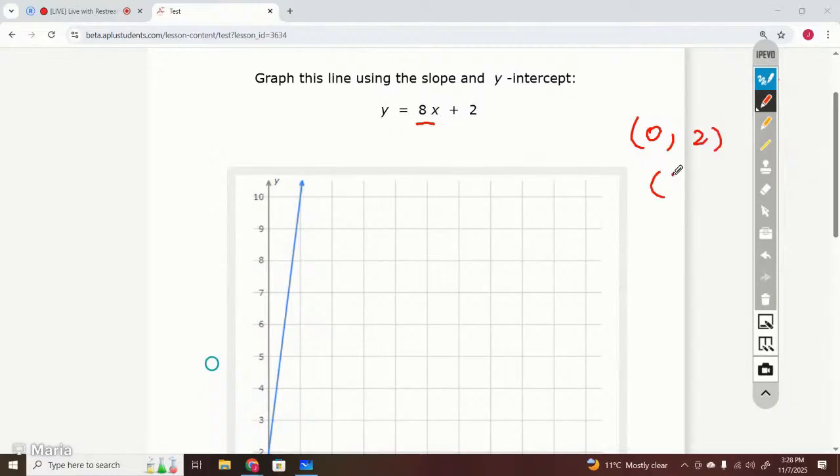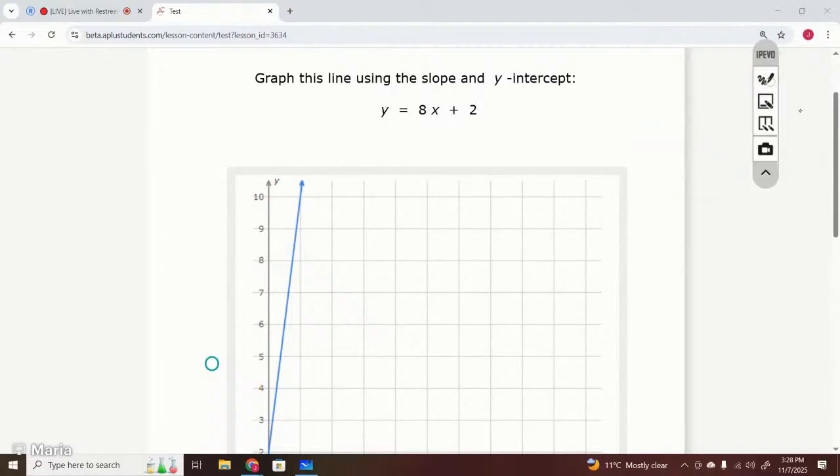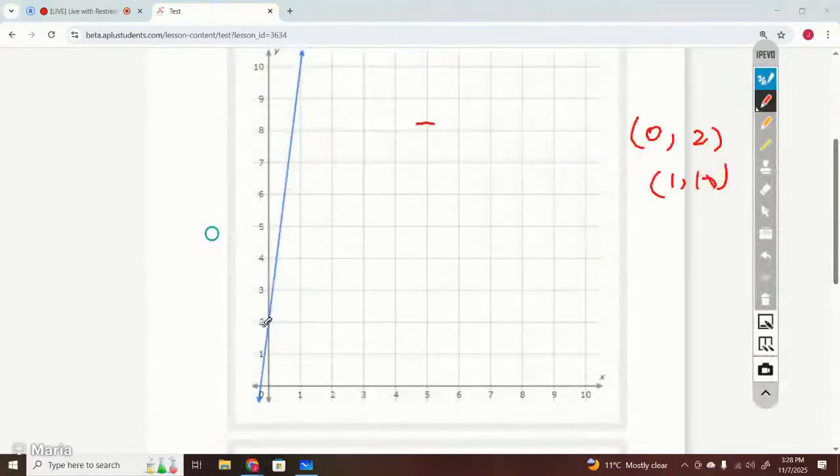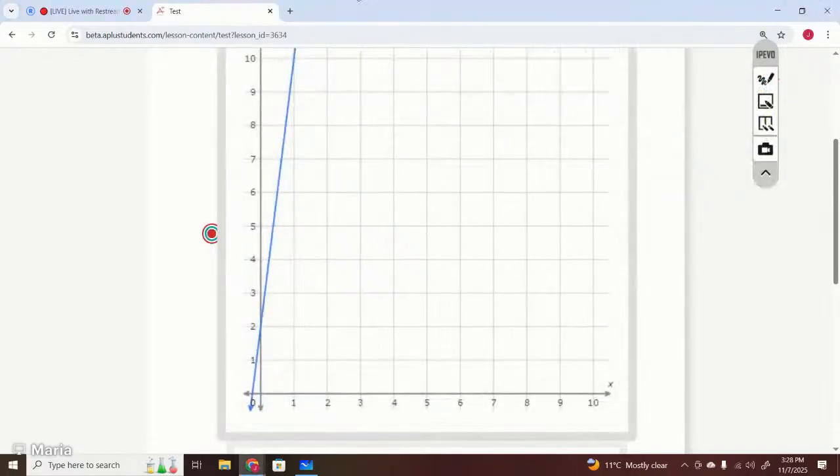When x is 1, y is 8 plus 2, 10. So use these 2 points and plot the line. 0, 2 and 1, 10. X is 0, y is 2. X is 1, y is 10. So option number 1 is the correct option. Got it? Option number 1 is the correct option.